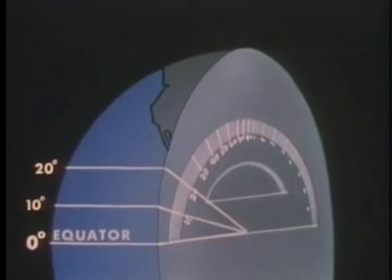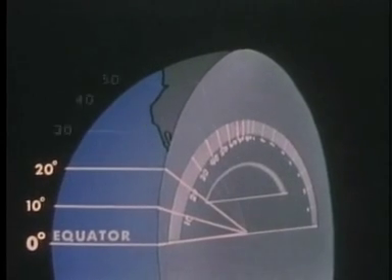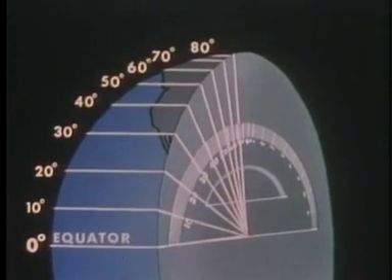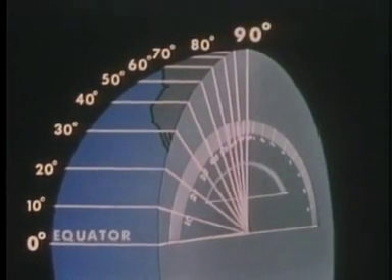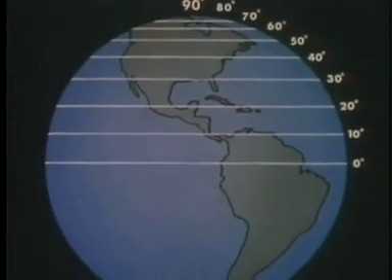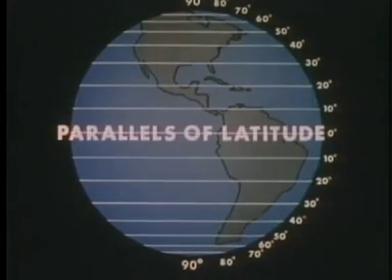All points on this line are at 20 degrees north latitude. We'll draw lines of latitude every 10 degrees until we reach the North Pole at 90 degrees north latitude. It works the same for south latitude, south of the equator. The lines are called parallels of latitude.